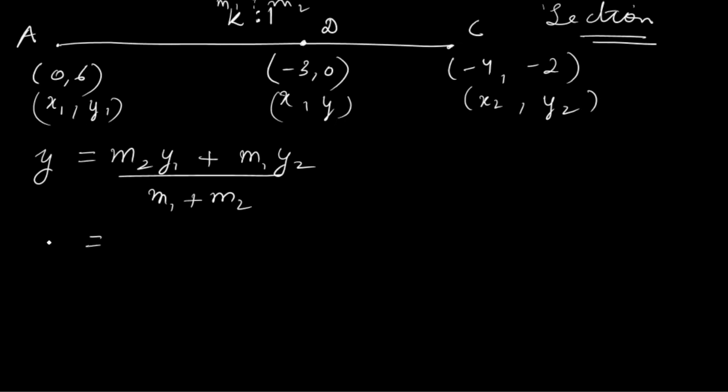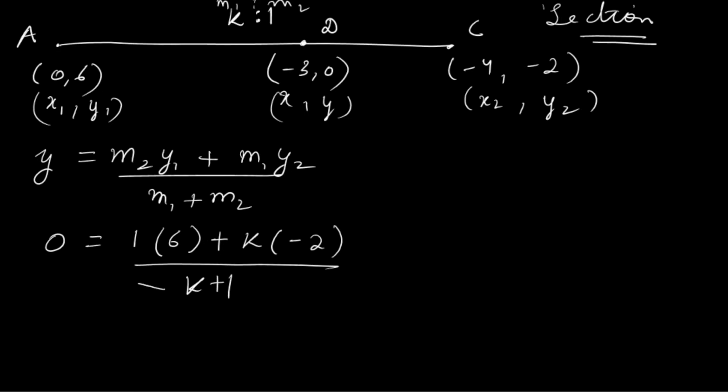y's value is 0. I am substituting. m2 is 1, y1 is 6, plus m1 is K, y2 is minus 2, by K plus 1. K plus 1, if I shift to the other side, 0 into K plus 1 is 0, because if you multiply anything with 0, it is 0.